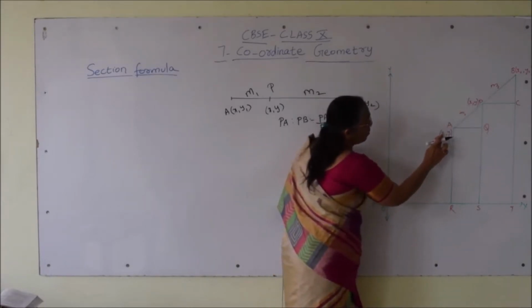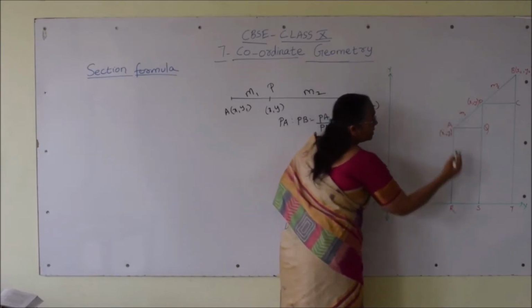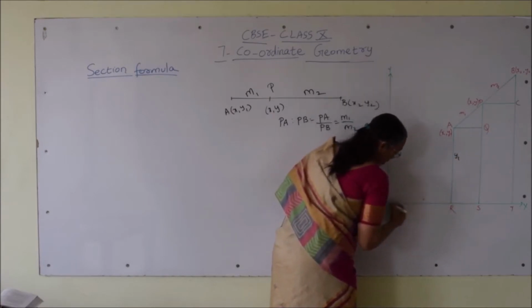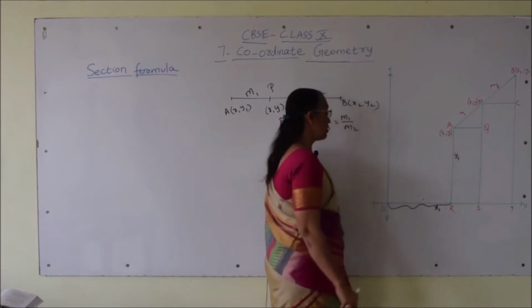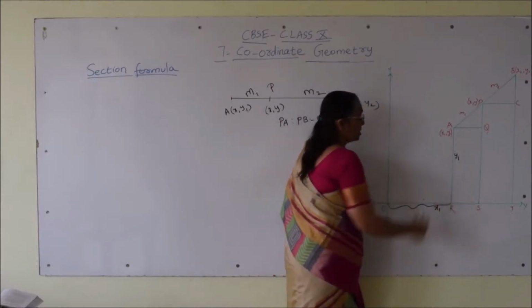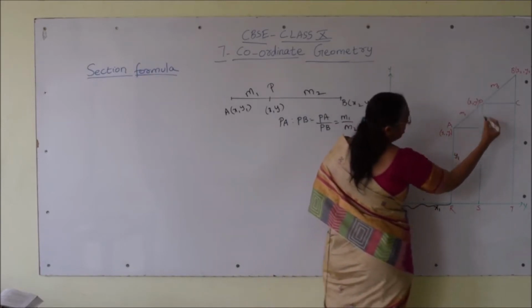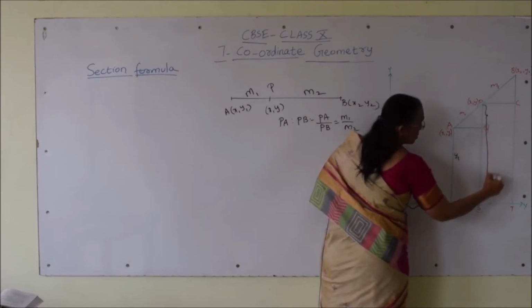If A is a point (x1, y1), then our RA distance is y1 and OR is x1. This distance will be x1. The distance of a point from the y axis is the x coordinate. Now, next one, here this PS will be the overall full PS distance.